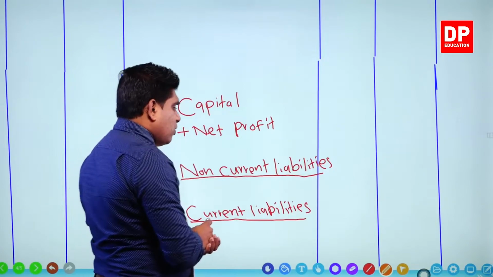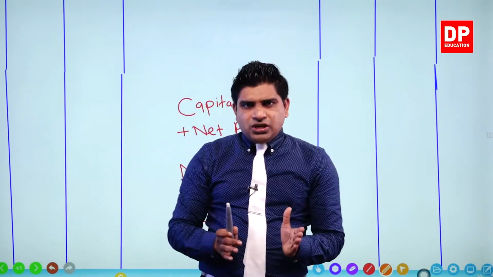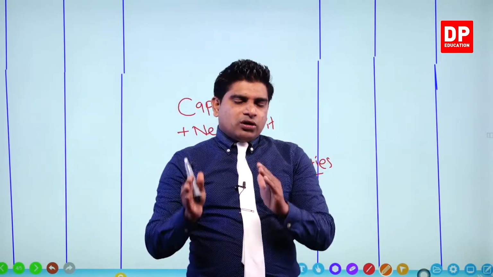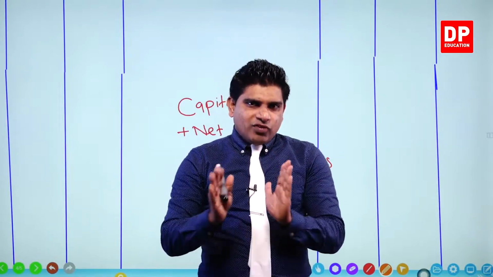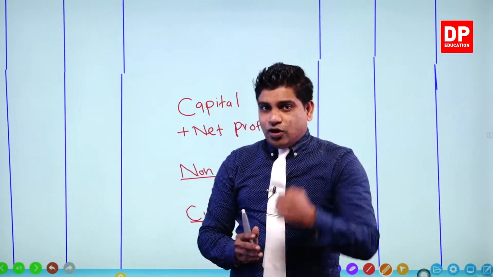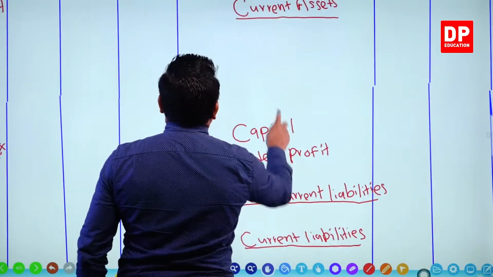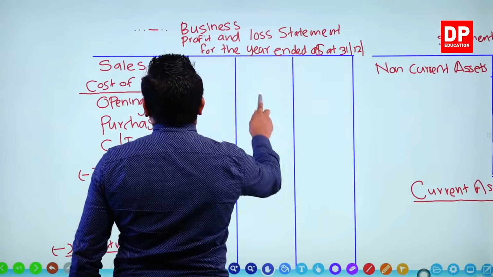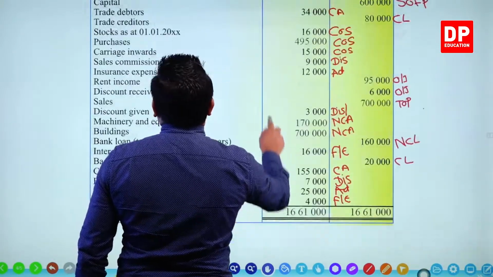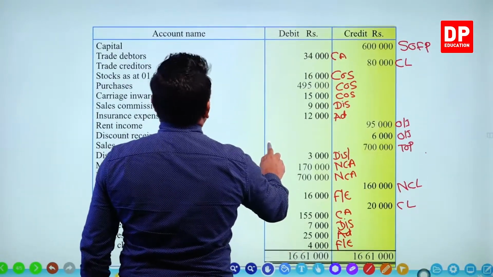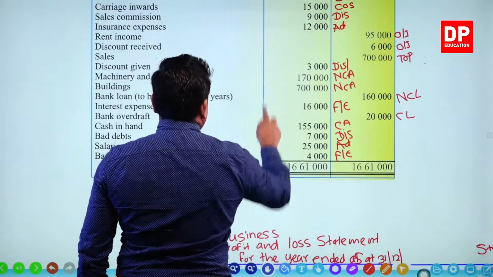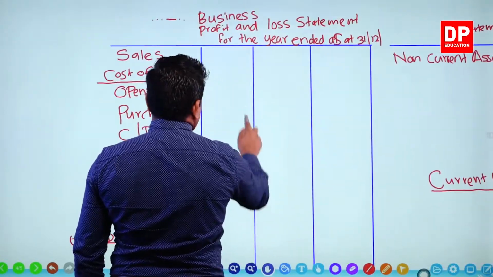Okay. Now we can go to the question. We take the details from top to bottom, one by one, right? Now we go to the top of the question. We'll see what it is.